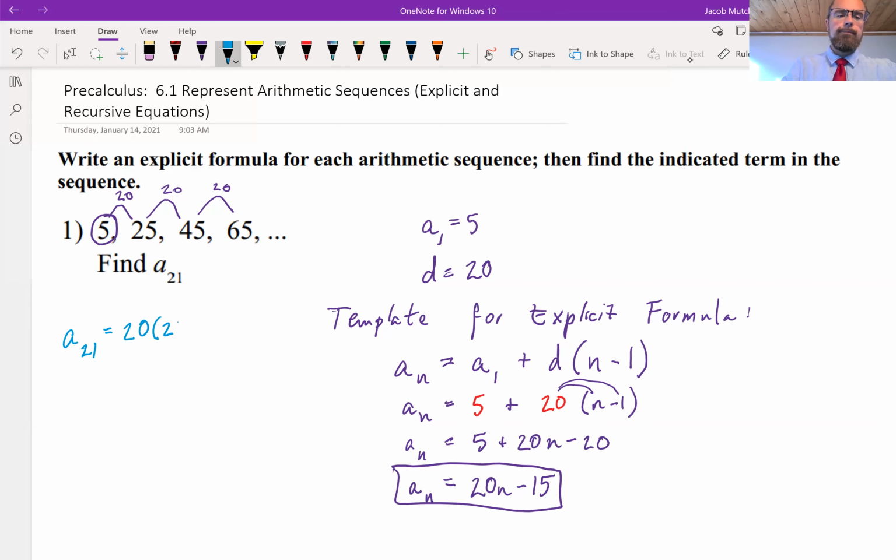And then I just need to multiply. So 20 times 21, if I multiply that out, that should give me about 420.